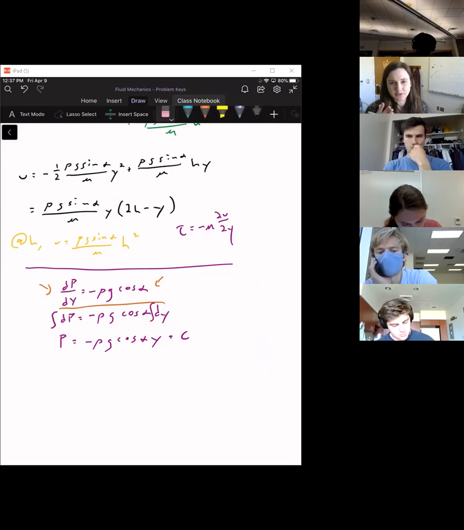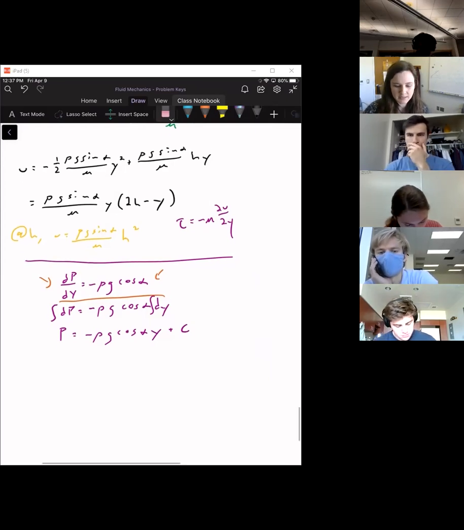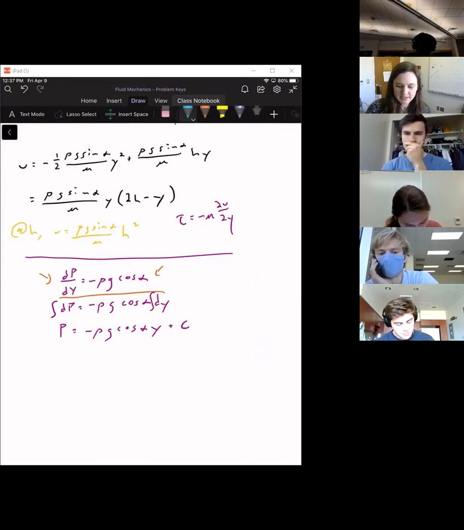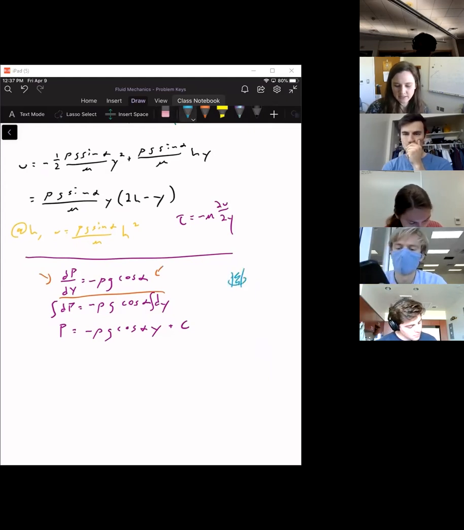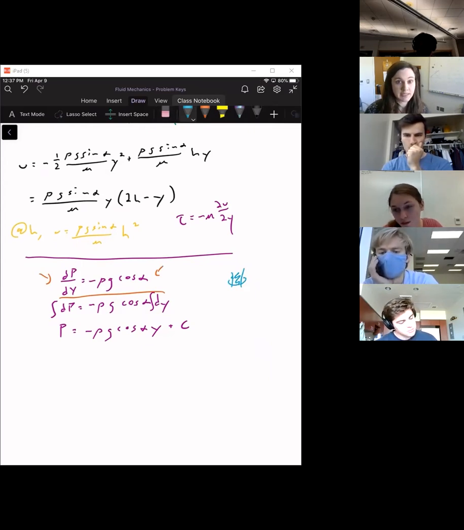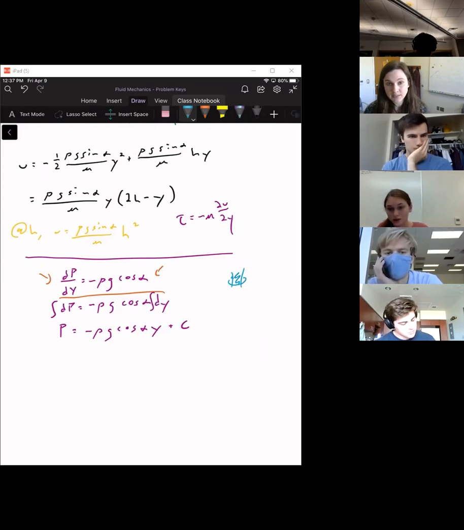I think what you were saying was right. If it's some non-infinite thing, and it's surrounded on two sides or all around by the atmosphere, just assume it's atmospheric throughout.